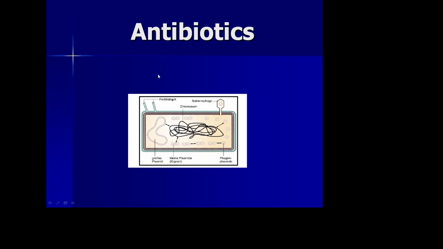You all know about the bacterial cell, which contains nuclear material like chromatin and chromosomes, which is important for the survival of the bacterial cell. Antibiotics inhibit the growth of bacteria by different mechanisms.